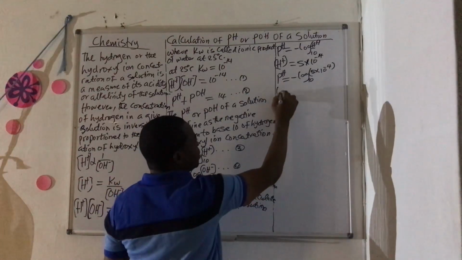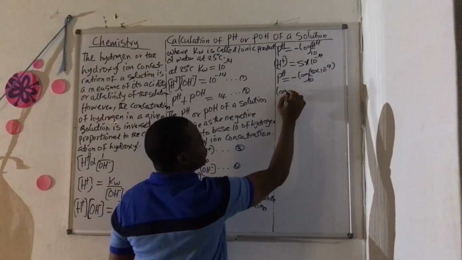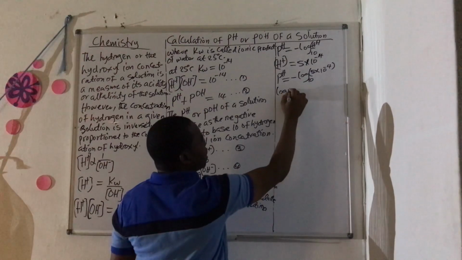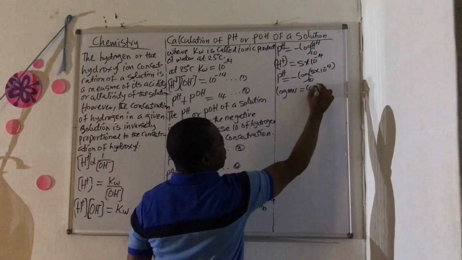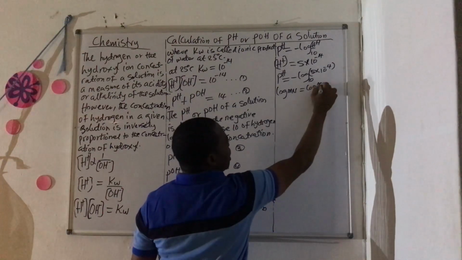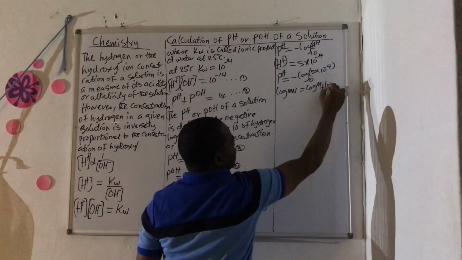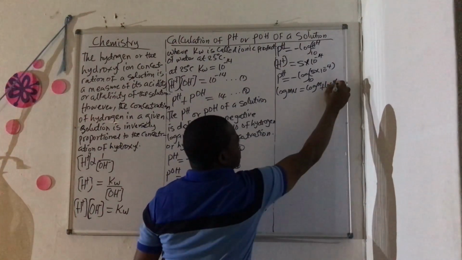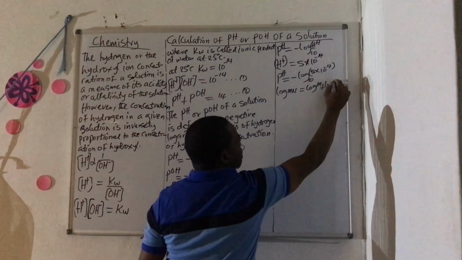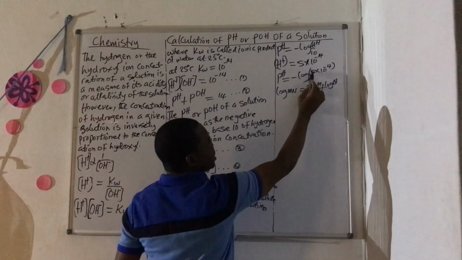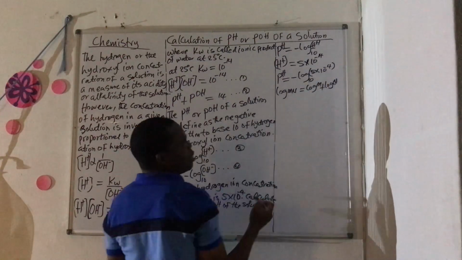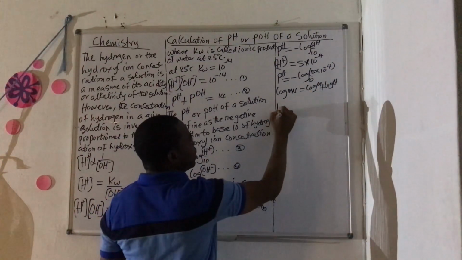By the law of logarithm, log mn is equal to log m plus log n. This is m and this is n.